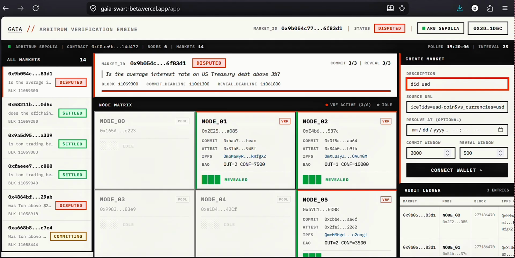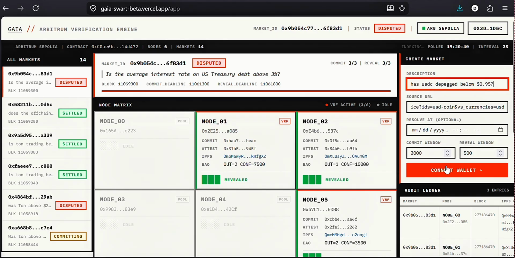When a Gaia Oracle node finishes evaluating the market, it does not just say yes or no, it packages its entire conclusion into a single structured object, a formal record of what it decided, how confident it was, why it reached that conclusion and proof that the evidence it used is real and retrievable. That package is what we call EAO.